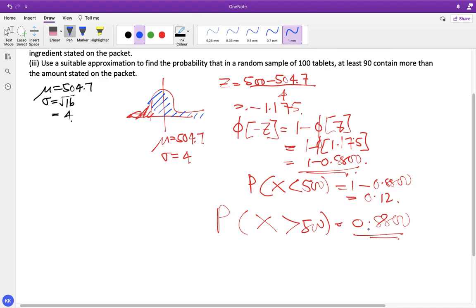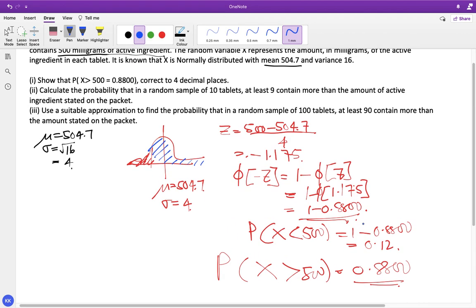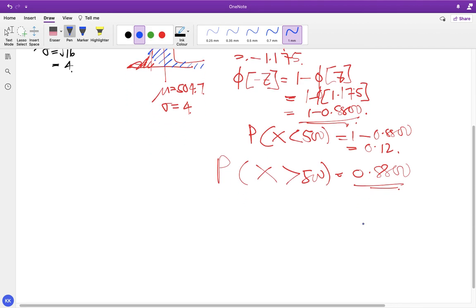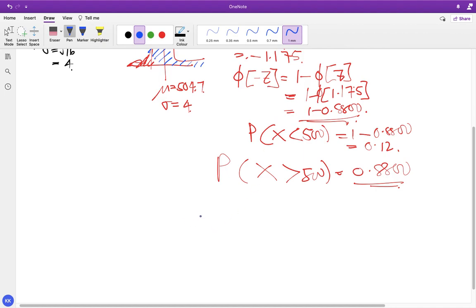Now the next question is, calculate the probability that in a random sample of 10 tablets, at least 9 contain more than the amount of active ingredient stated on the packet. Out of randomly selected 10 tablets, 9 contain more than. So this is binomial distribution.